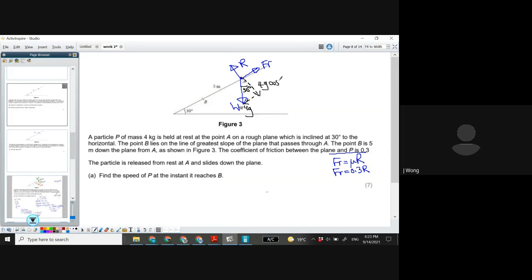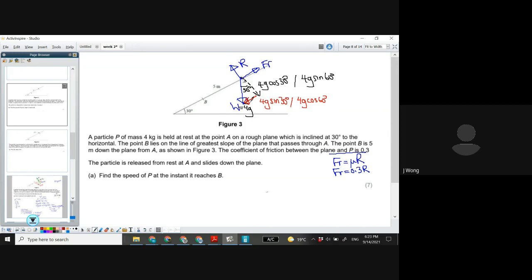Or if you use the other angle, 60, you could also write the perpendicular component of the weight as 4g sin 60. So they are equivalent. The next thing is the parallel component. That will be either 4g sin 30 degrees or 4g cos 60 degrees. Again, it's the same thing.